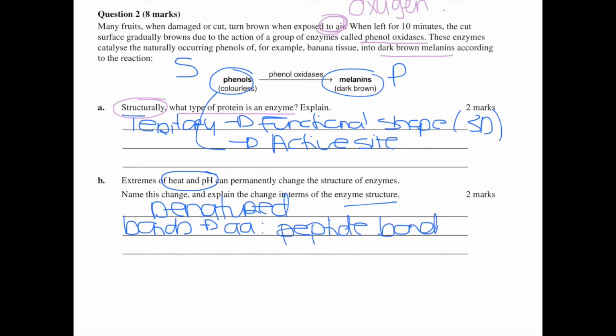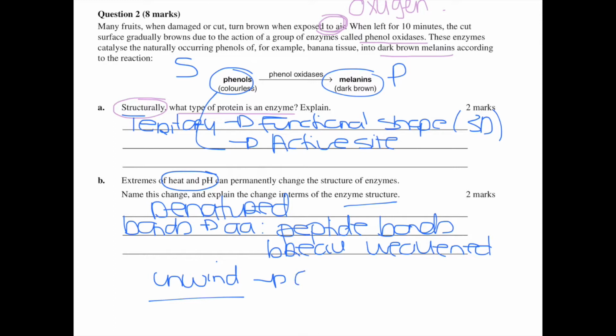If those peptide bonds break or become weakened, therefore the protein starts to unwind. I like that word, unwind, and therefore it changes its shape.